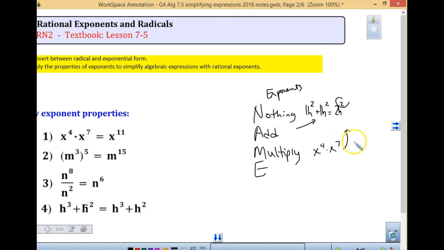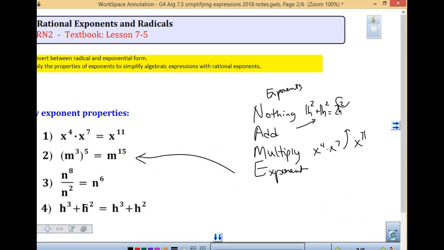We added those exponents to get x to the 11. When you have an exponent raised to an exponent, what did we do? We multiplied those. That's where we have m to the 3rd raised to the 5th. We multiplied those. Please put your head up. Thank you. So as you are taking a look at those.